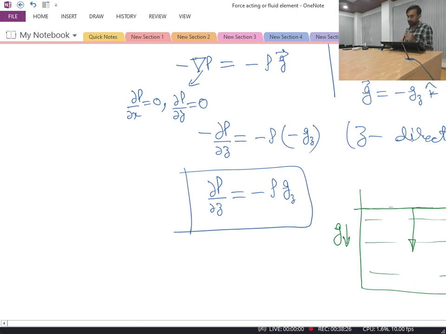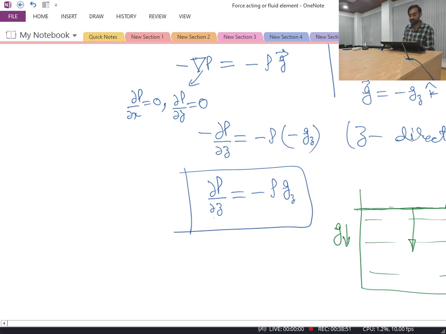As it must be normal to this, this has to be horizontal. That is the reason why our free surfaces are always horizontal. So let me repeat this point again. Gravity is the field here which acts in the downward direction, and it is responsible for the non-zero value of del P by del z.